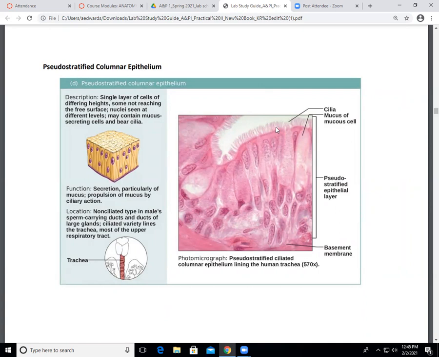Now you'll also see these little hairs, which we call cilia. That's another clue this is pseudostratified. Okay, if you see those cilia, it's probably pseudostratified. Okay, this is in the human trachea. All right, so those cilia kind of move all the things that you're breathing in and moving away. All right.